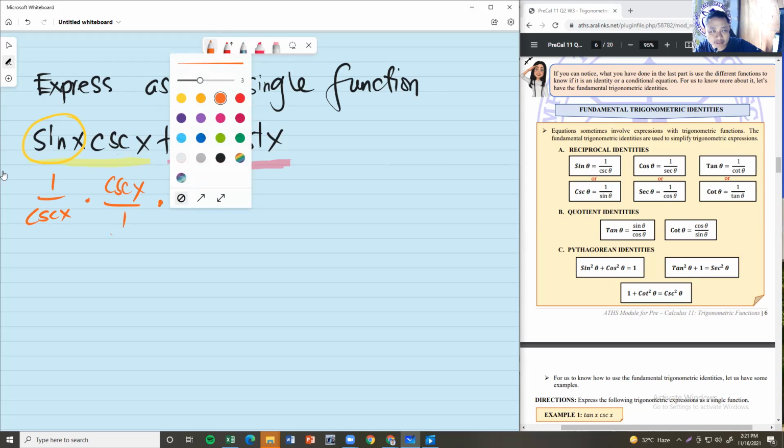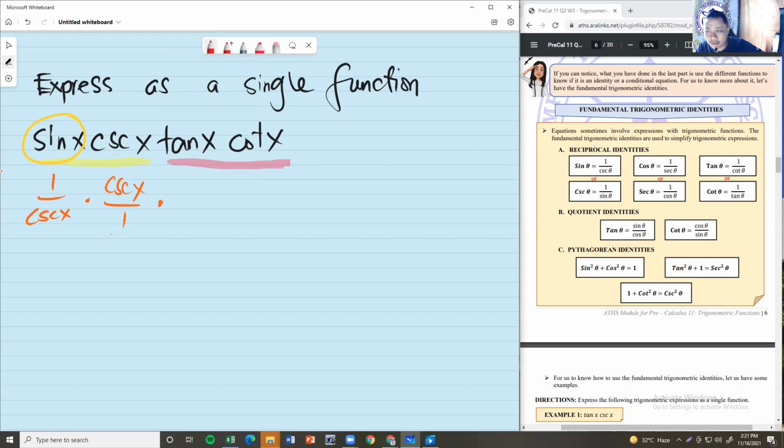Tangent can be rewritten as 1 over cotangent x. And of course, that's in the denominator, and the other cotangent x is in the numerator. So I will not change it anymore. Cotangent x. I'll just put over 1 there. Okay?